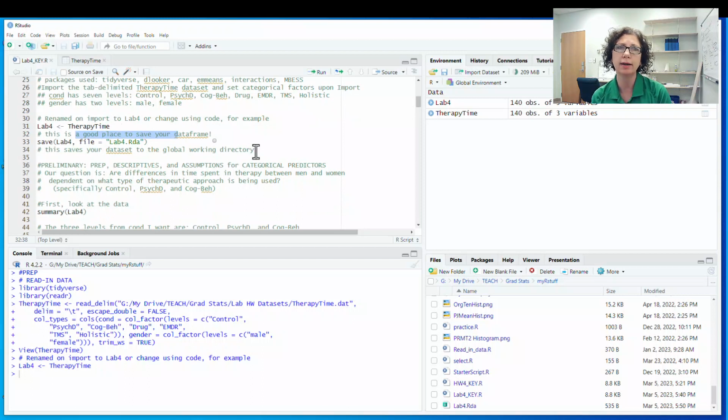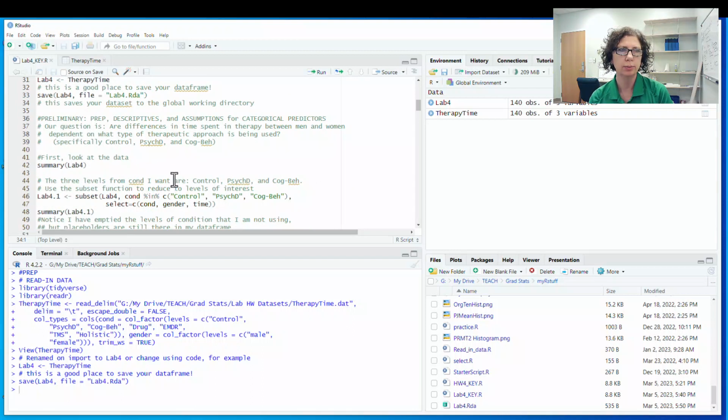That way, once you have it imported the way you want it, and you don't want to have to set up the levels each time you import the tab delimited file, you can save your data frame, and it will save to your global working directory. So now I'll have it available if I need to stop and come back and work on it later.